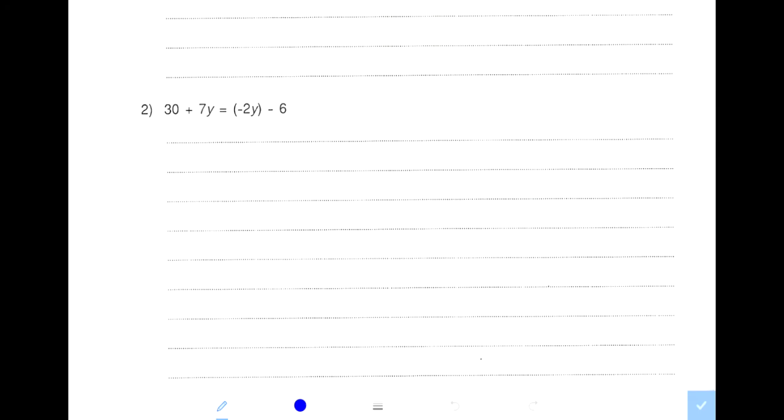Okay? I'm going to write it: 30 plus 7y is negative 2y minus 6. I'm going to move all the y's to the left. For 7y, minus the opposite is plus, like 2y, and this is negative 6. 30's opposite is minus 30. 7 plus 2 becomes 9y.